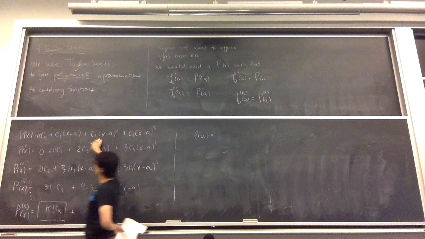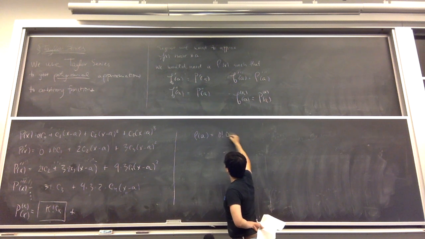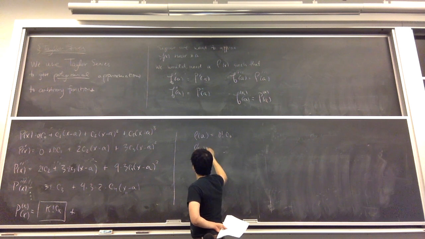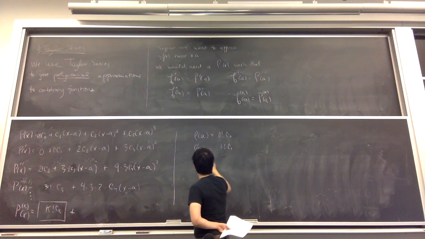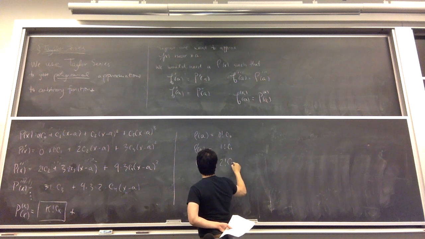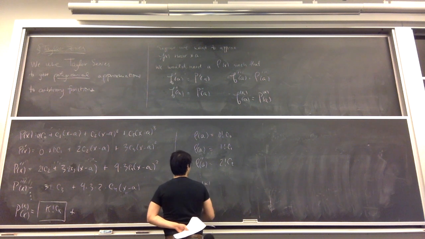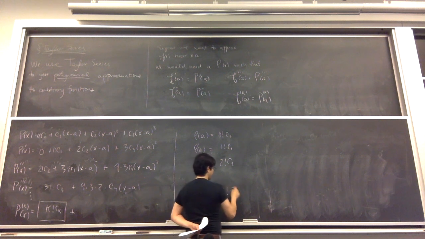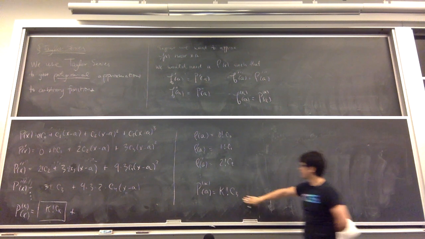So all the other ones will disappear, and I'll be left with 0 factorial C0. If I evaluate the first derivative, what you end up getting is 1 factorial C1. Next, you get 2 factorial C2. If I go all the way and do a kth derivative, you're going to end up getting k factorial CK.